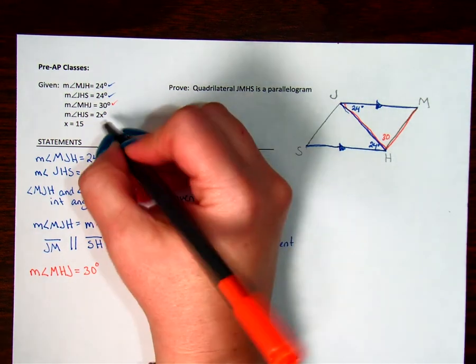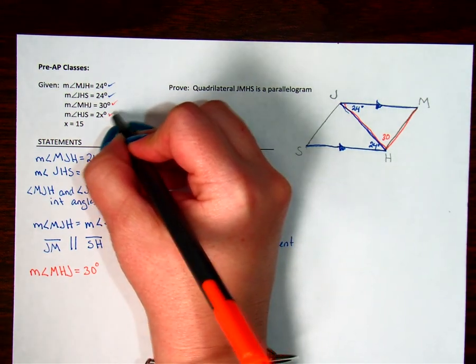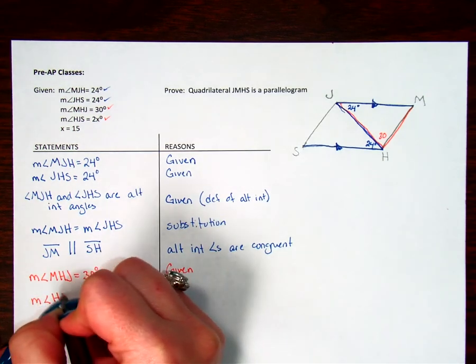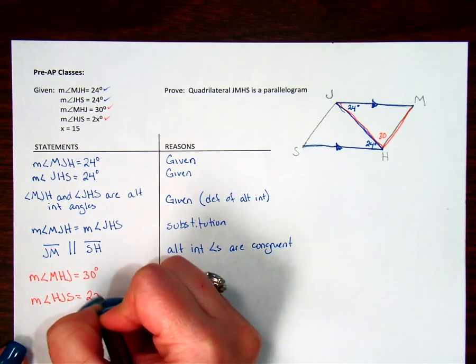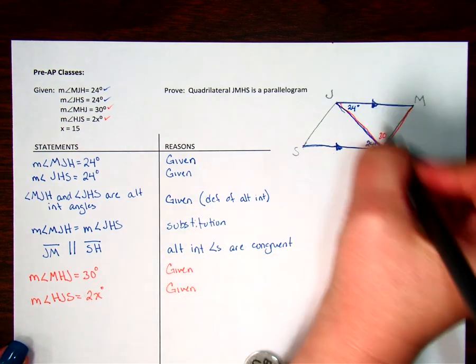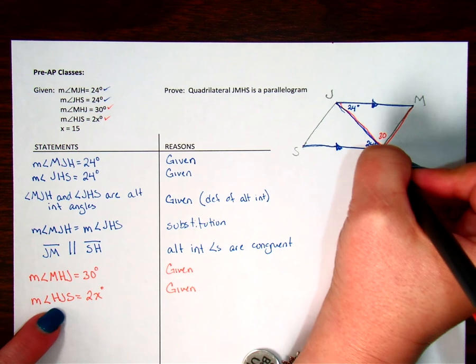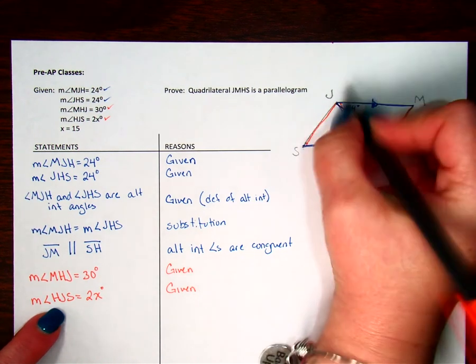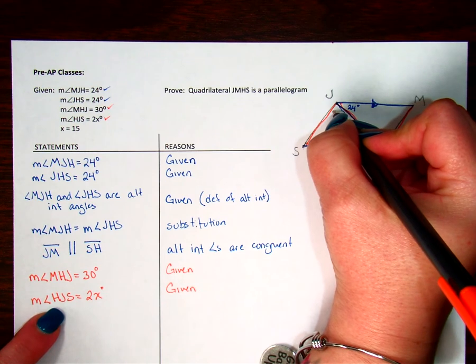Then my next one, the measure of angle HJS, is 2x degrees. HJS equals 2x degrees is given to me. So HJS, that's this angle here, is 2x degrees.